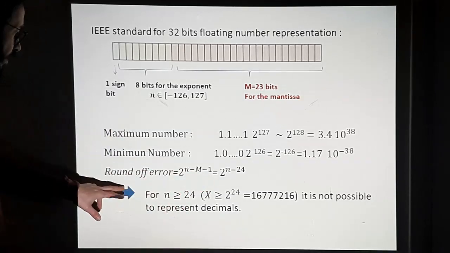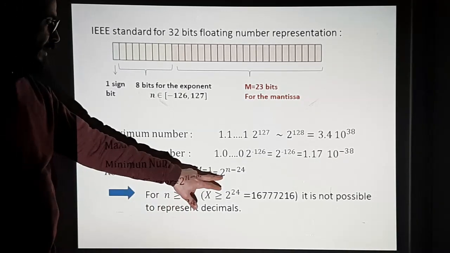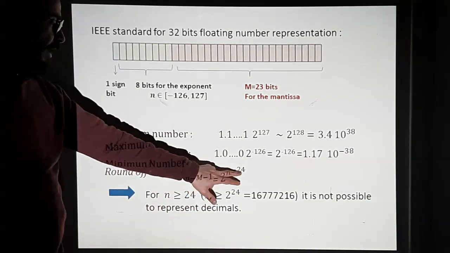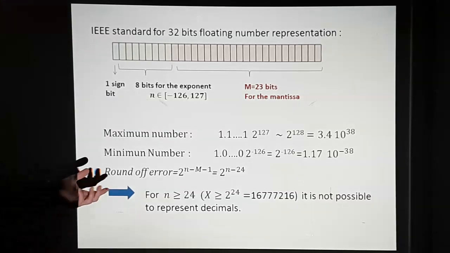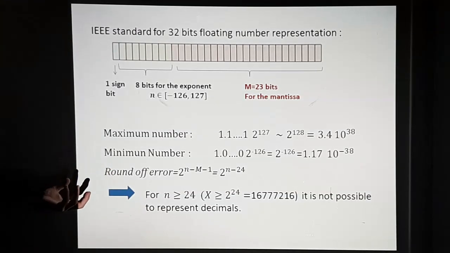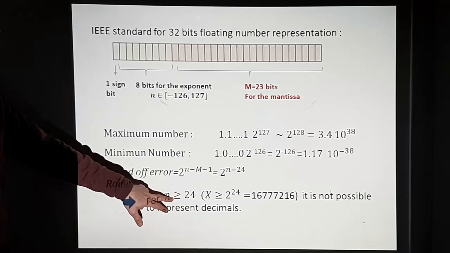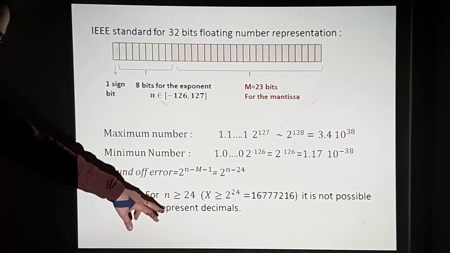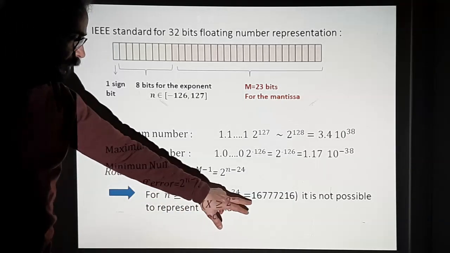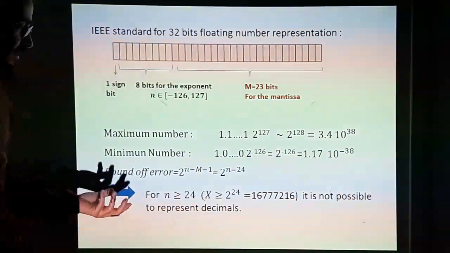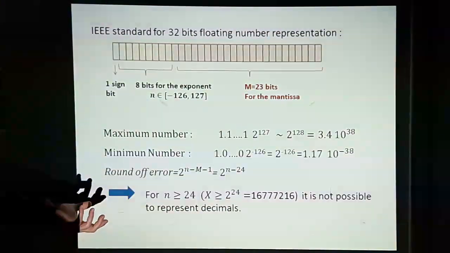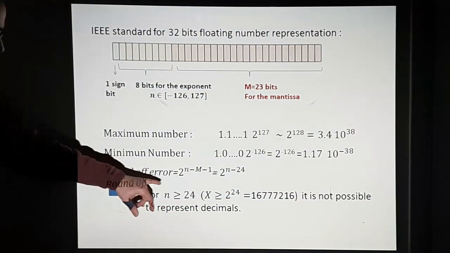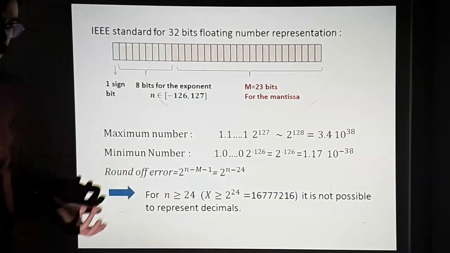So the round-off error is 2 power n minus 24. So if you have a number for which the exponent is superior to 24, you will not be able to represent decimals for this number, because the round-off error becomes 1.